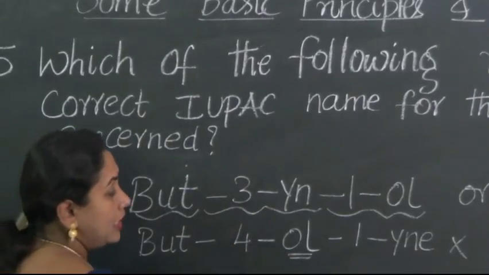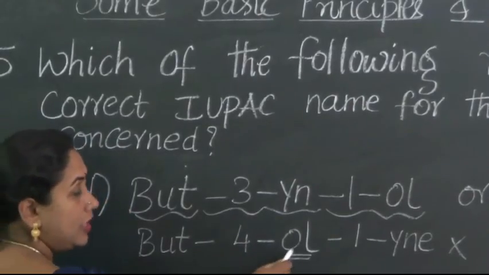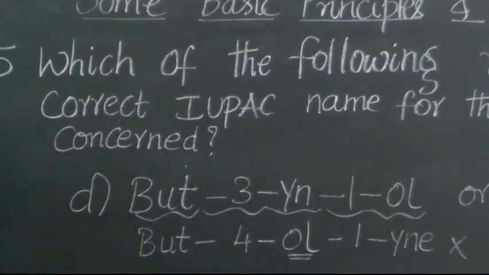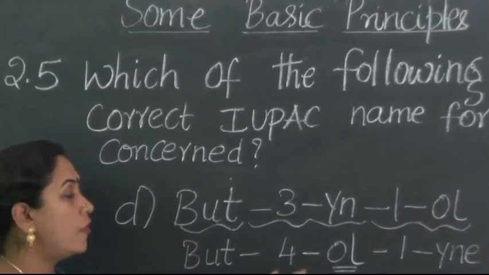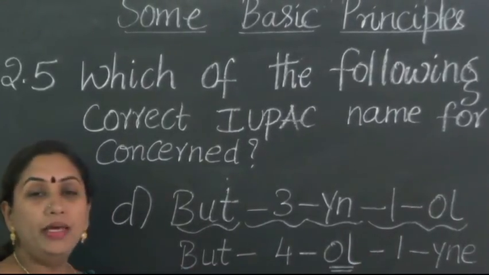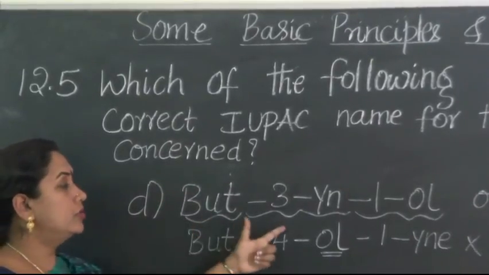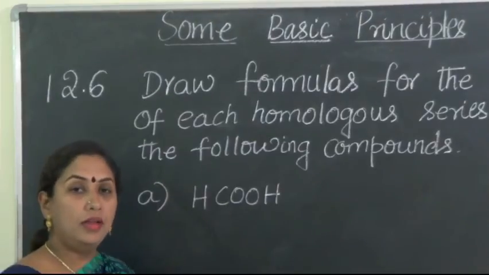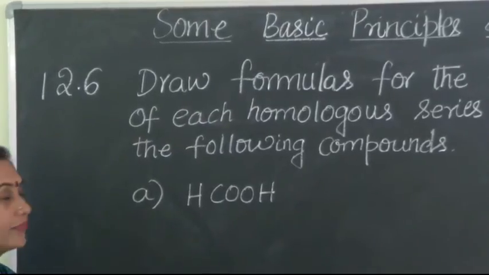The second mistake is that the secondary suffix has come first and then the primary suffix has been named. So in any way this name but-4-ol-1-yne would be the wrong name, and the correct name would be but-3-yn-1-ol.